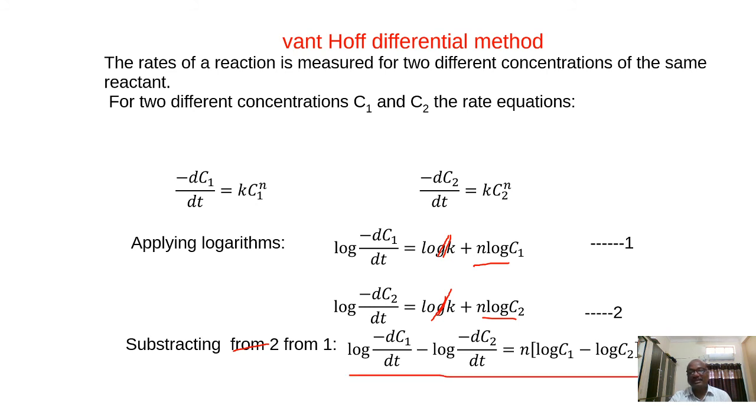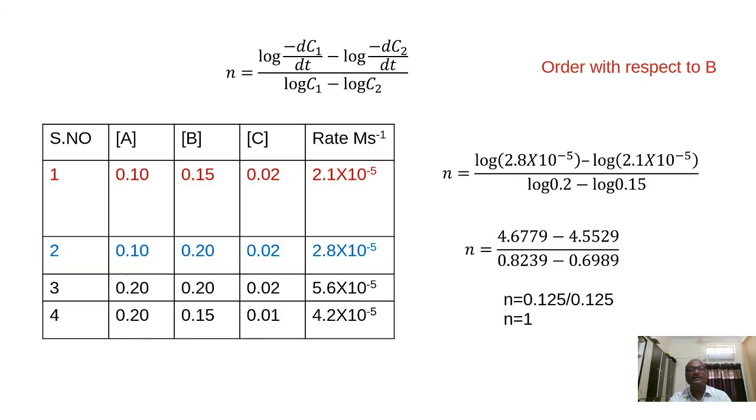This equation we get. Log A minus log B is equal to log A by B. Now you can write the equation for n. On writing the equation for n, we get n is equal to log of minus dC1 by dt minus log of minus dC2 by dt, divided by log C1 minus log C2.